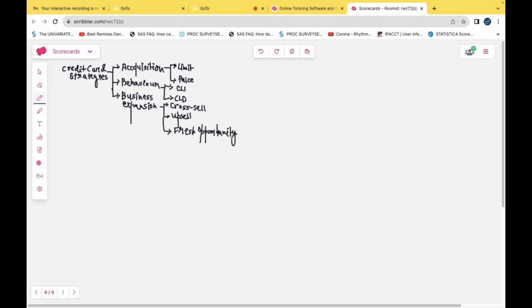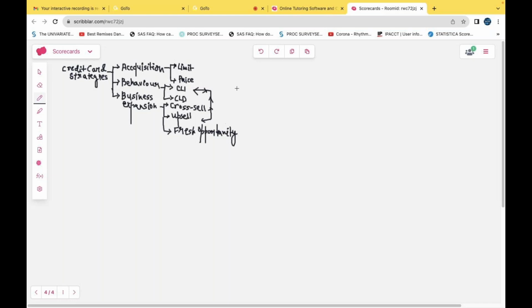Apart from this, there can be other marketing strategies as well, but these are the important ones related to risk assessment. One important thing is that cross-sell, upsell, behavior, CLI and CLD are interrelated to each other.